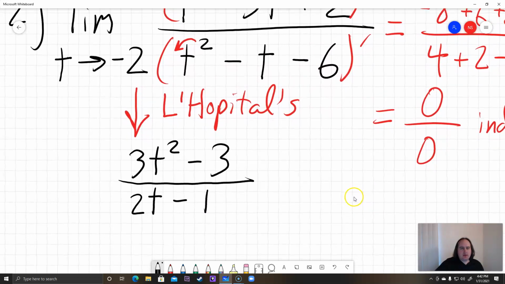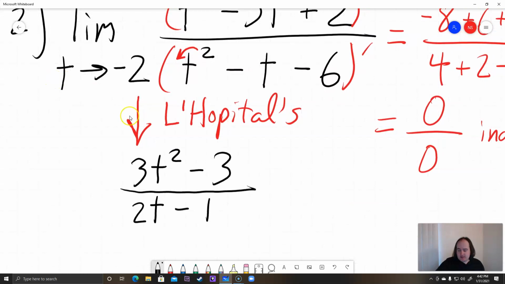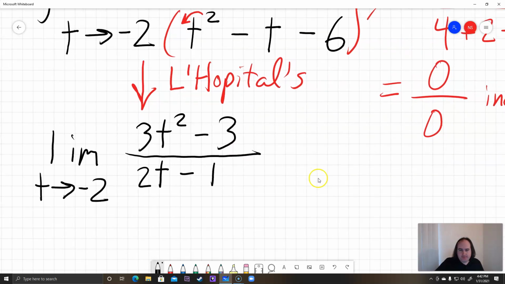Okay, the limit is still as t approaches negative 2, so let me write that in. And each time you take the derivative on the top and the bottom, you do have to plug in the number again. I mean, if you can plug it in your head or on a calculator, whatever is fastest for you, you can do that, but you do have to plug it in and make sure whether it's indeterminate or not.